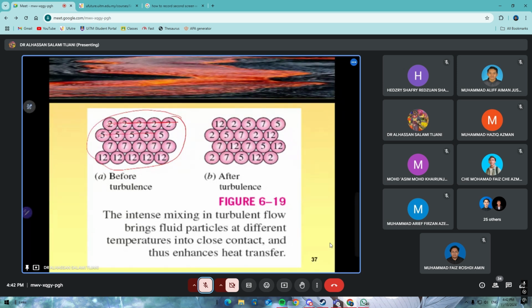Take these lines to be, let's say, free streams of a fluid. But looking at this particular situation, the figures are mixed up, meaning the fluid molecules are mixed up over here. So this is the situation for turbulence. The intense mixing in turbulent flow brings fluid particles at different temperatures into close contact and thus enhances heat transfer.